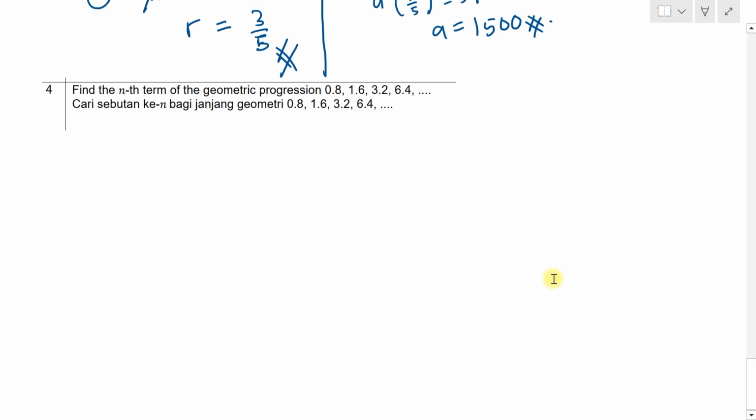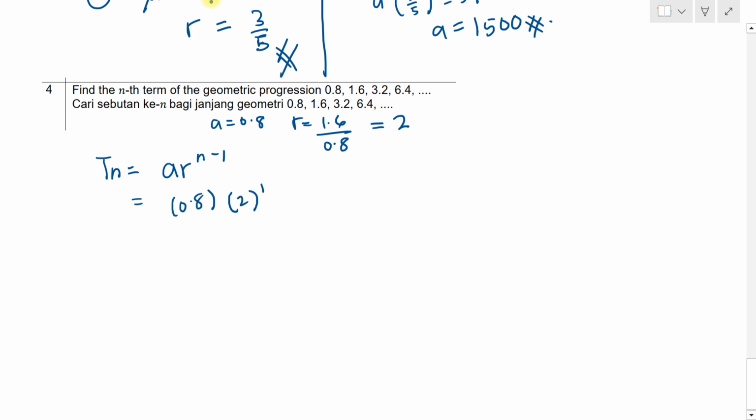Find the nth term of the geometric progression. Okay, they give you A equal to 0.8, R equal to 1.6 divided by 0.8. So it becomes 16 divided by 8, so 2. Right? So nth term means Tn, AR to the power n minus 1. So what is your A? A is 0.8. What is your R?